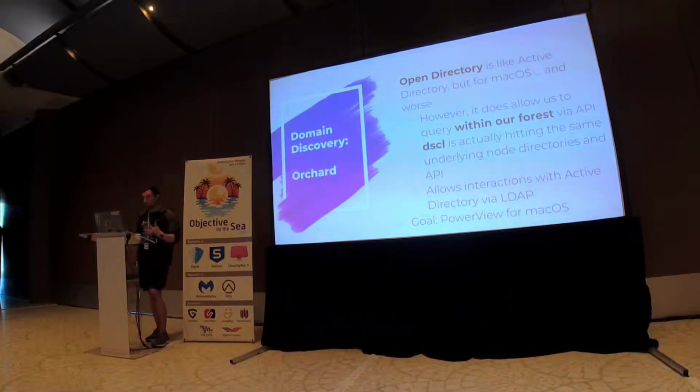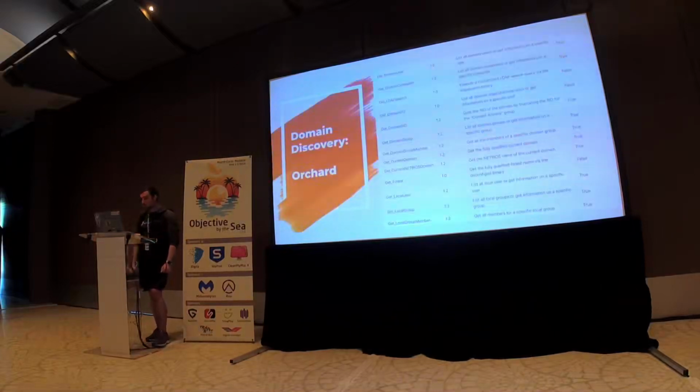And so whenever I wrote this, the goal here was to have a Mac equivalent of PowerView. Most people use this to do a lot of their Windows operations, but we didn't really have anything on Mac for this. So I went through and started doing a whole bunch of different commands, mirroring the PowerView style. And you can specify whether you want to hit the Objective-C APIs under the hood, or if you want to do the more traditional route of actually spawning DSCL, DSCacheUtil, all these sorts of things outright.